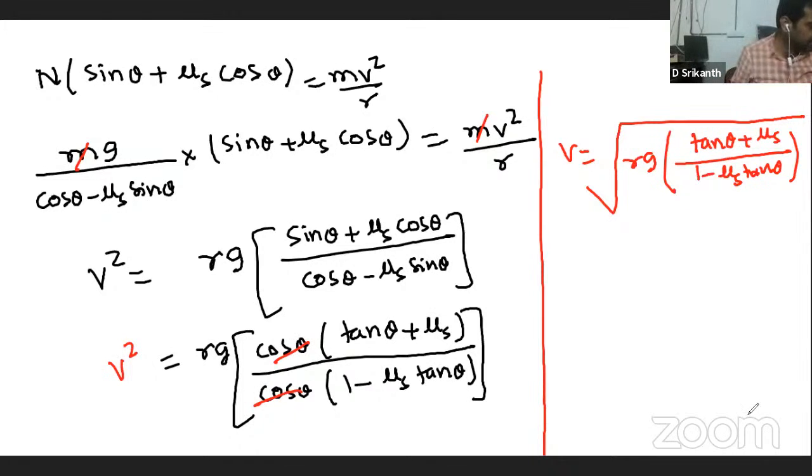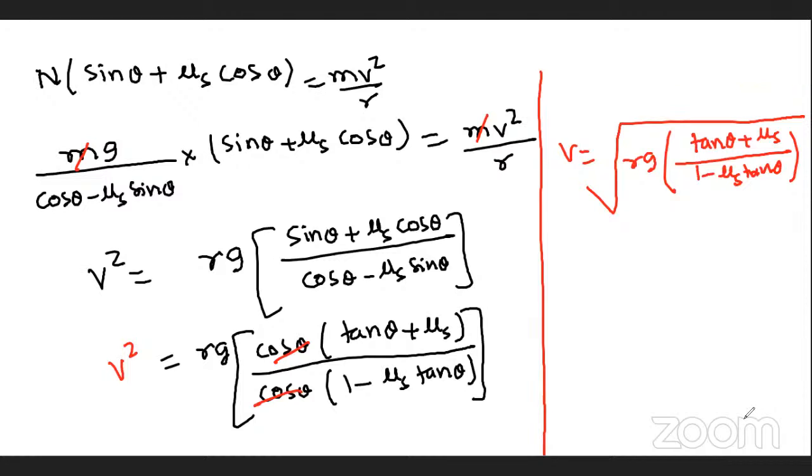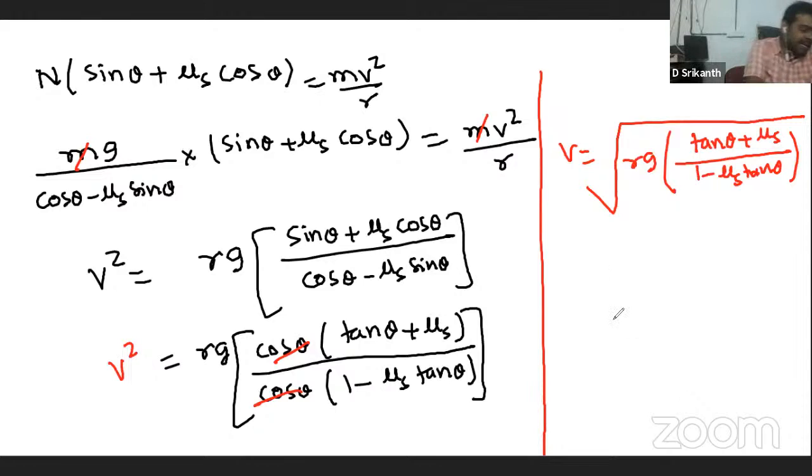Okay? Now see here. This is the velocity of the object with which it is moving along a curved path with an angle of banking as theta.